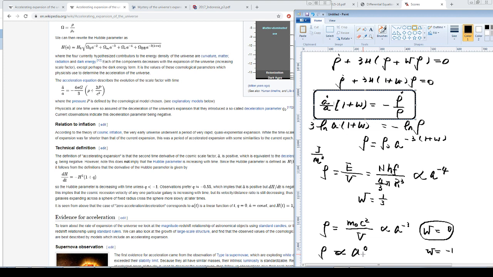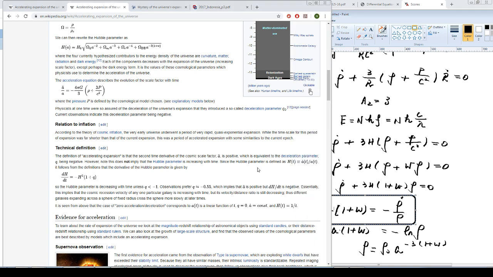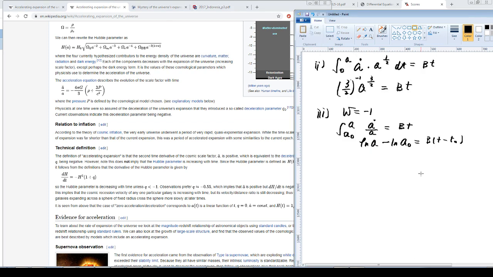Rho doesn't change over time? I think this equation is not exactly that. Wait a second.